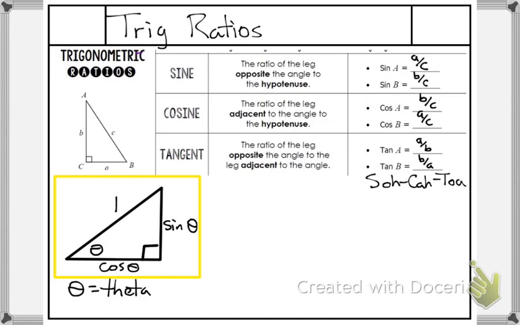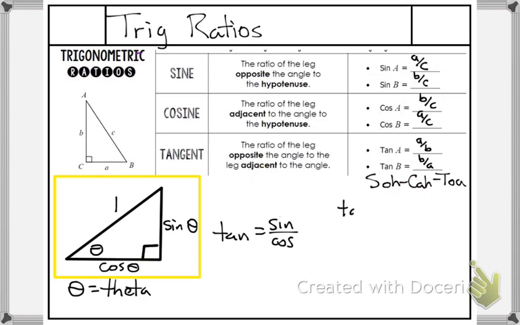We haven't covered tangent. Tangent we're going to determine as sine over cosine. That's because if I'm looking at my angle here, tangent is opposite over adjacent, which would be sine over cosine. But another way is we could look at the examples we did up here.